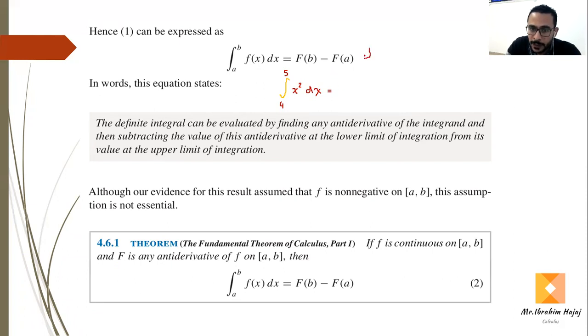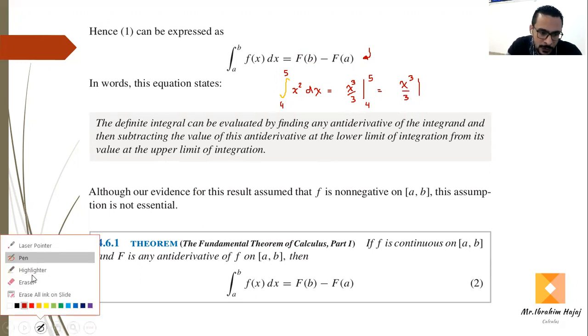You are already using this rule: the integration of x squared is x cubed over 3, and then you substitute 5 first, which is F of b minus F of a. I'm going to find here x cubed over 3 when it's 5. Now let us do it directly.